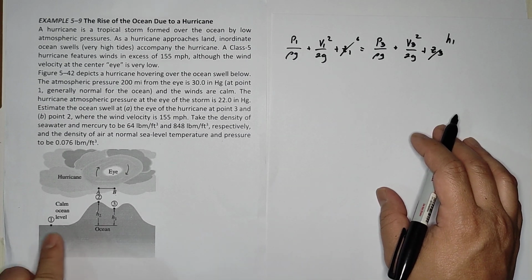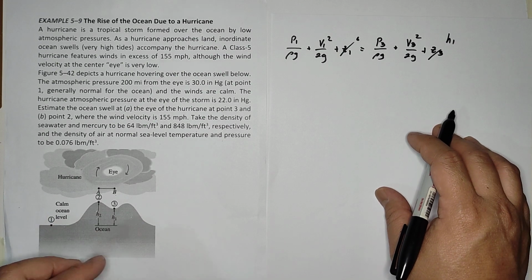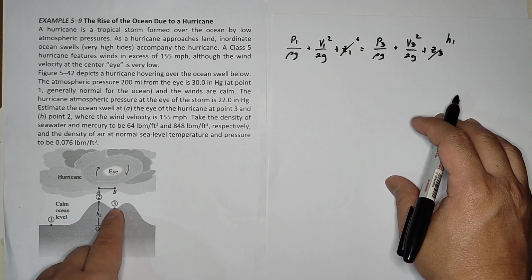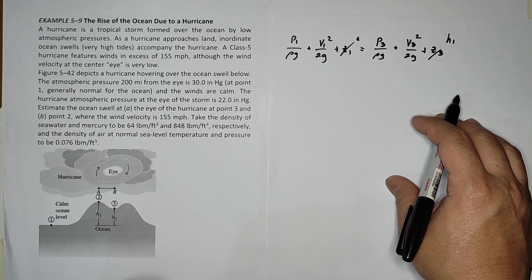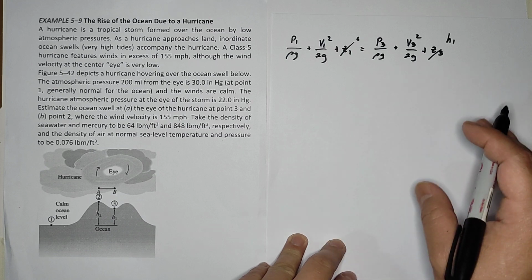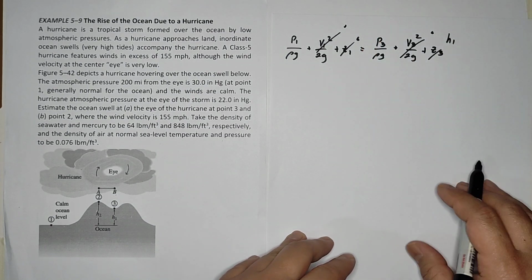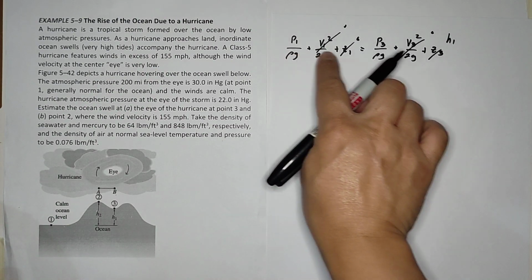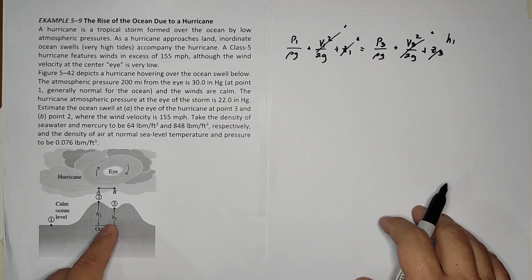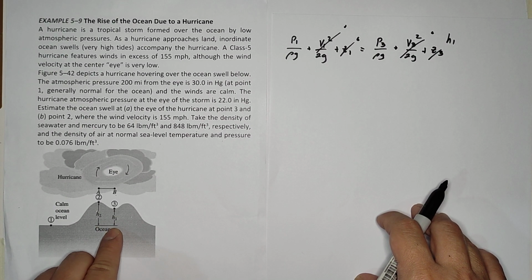Now take note the velocity at point 1 is calm, meaning there's no velocity of air, and also at the eye of the storm hurricane, it was assumed that there's no velocity, so that would be 0 and 0. So in this case, if we know the pressure at point 1 and point 3, we can determine the swell at point 3, that is H3.